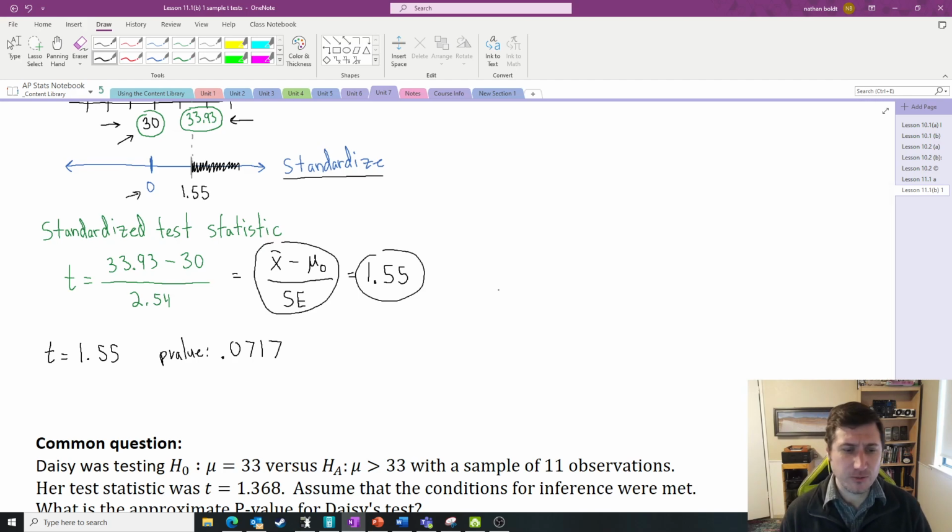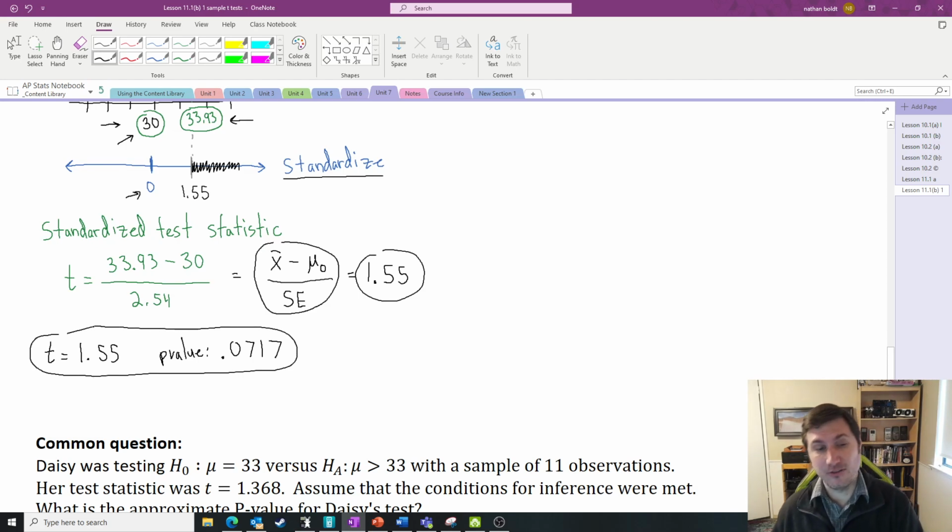In this case, I think we failed to reject because our alpha was 0.05. But again, it's just how we can use a cumulative density function, not a normal CDF, but a TCDF, to find the probability of getting a sample like ours.